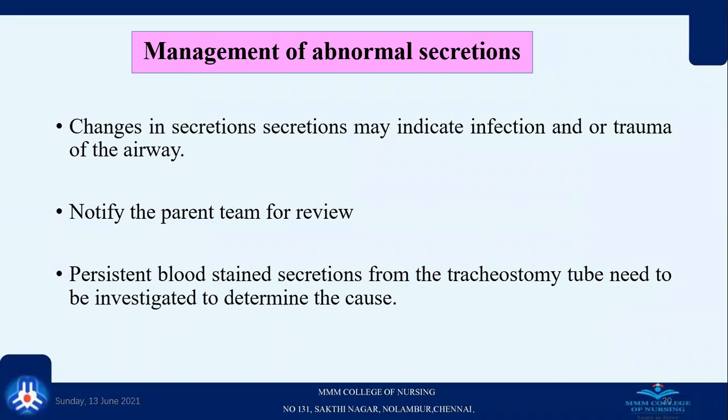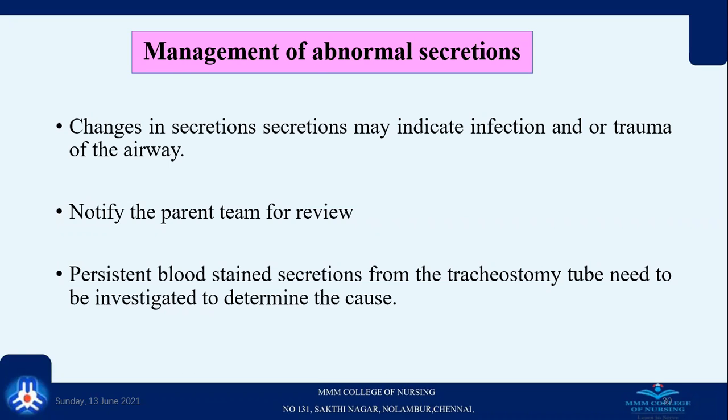Next, we'll see managing abnormal secretions in the tracheostomy tube. Changes in secretions, that is blood-stained or yellow and green secretion, may indicate infection or trauma of the upper airway. If there is excessive or abnormal secretion, we need to notify the parent team, that is the treating consultant team, for review.